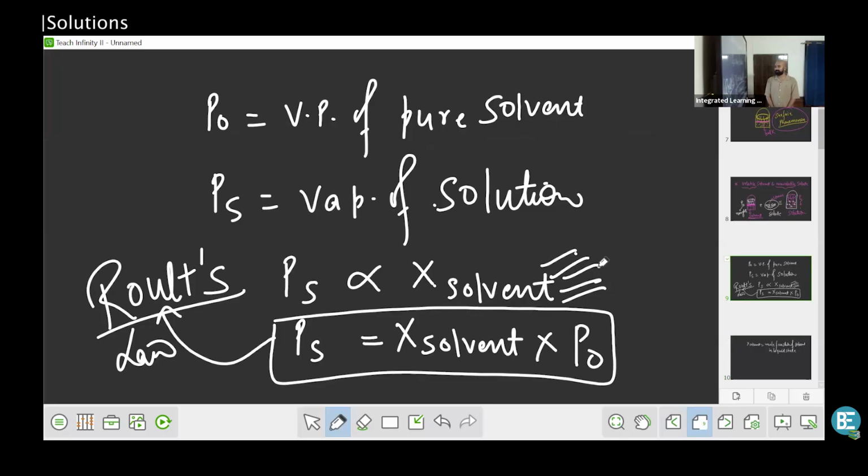Write down: at a constant temperature, vapor pressure of solution is proportional to mole fraction of solvent. Any doubt for anyone in this portion? Is it clear?